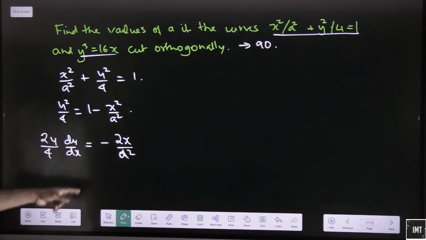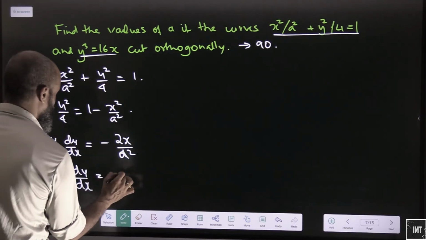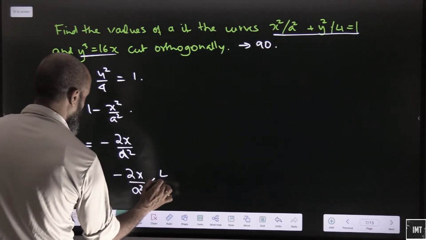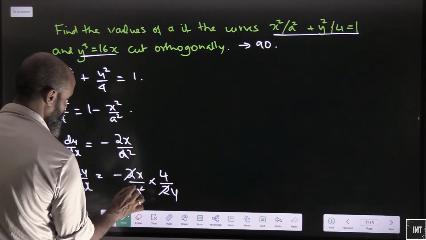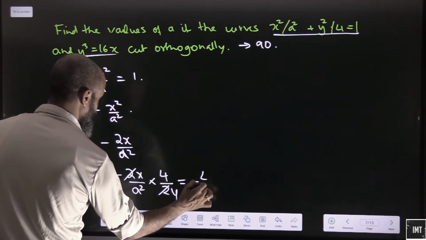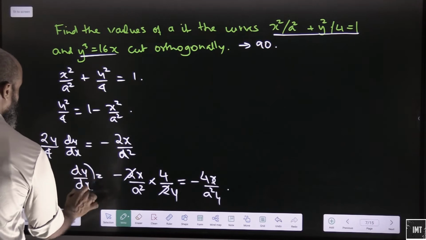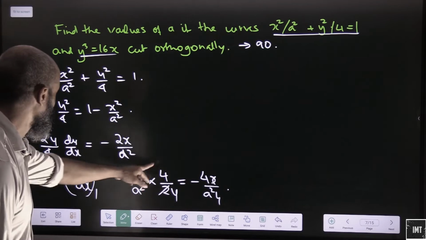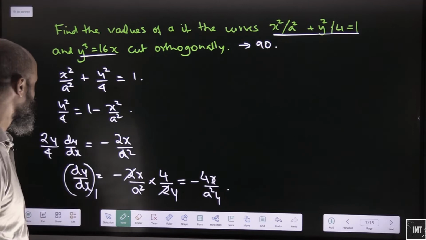So we have dy by dx is equal to minus 2x by a square into 4 by 2y. 2 and 2 get cancelled, we have basically minus 4x by a square y. That is dy by dx for curve 1.